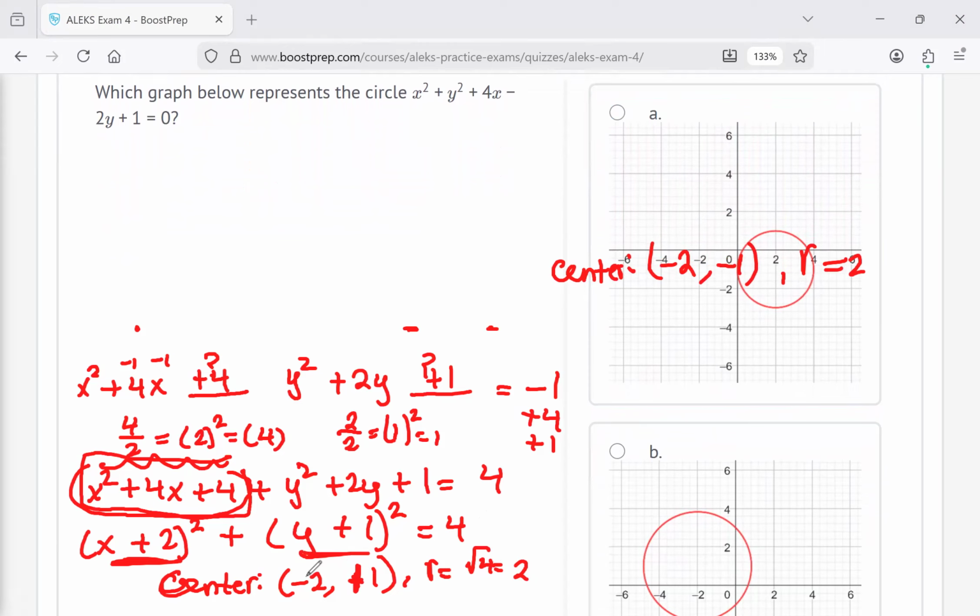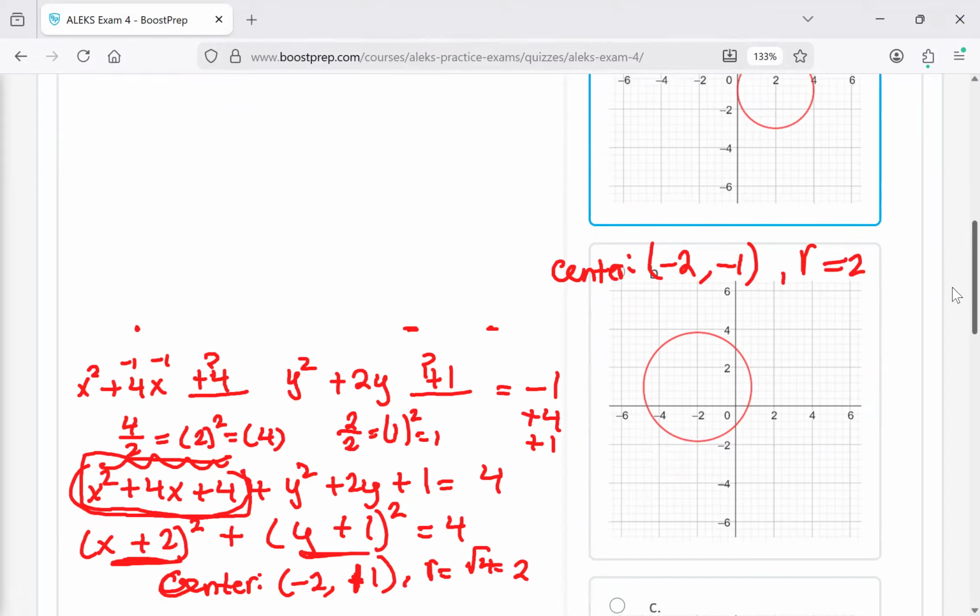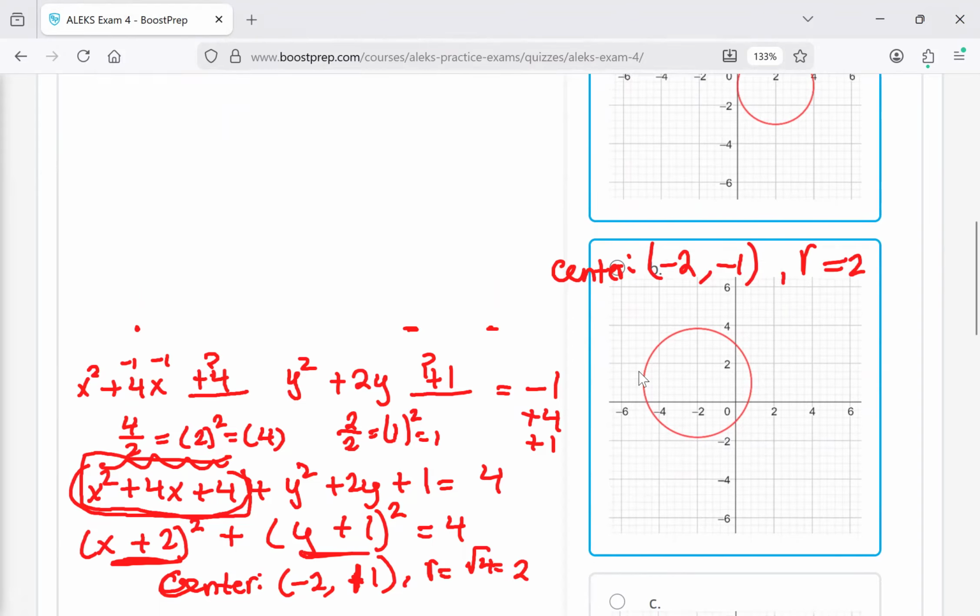So which of these gives you a center of negative 2 and 1 and radius 2? I think it's this one. Yes.